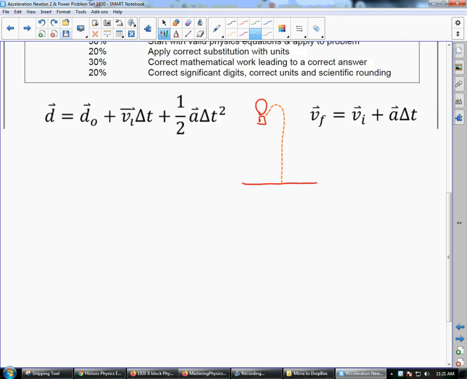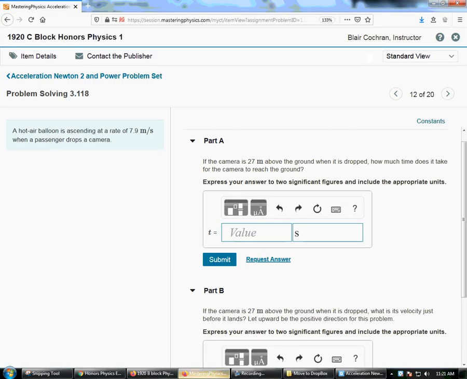Alright, so we need to establish which direction you want to call positive. It said call up positive, right? So we're going to call up positive. Where do you want to say 0 is? I would either say let's pick the ground or pick the balloon. Ground? Okay. So we're going to say this is at a height of 0 meters. That means our balloon is at 27 meters.